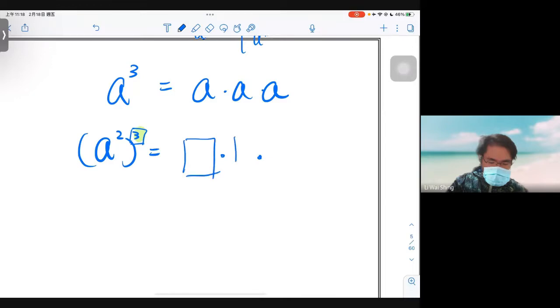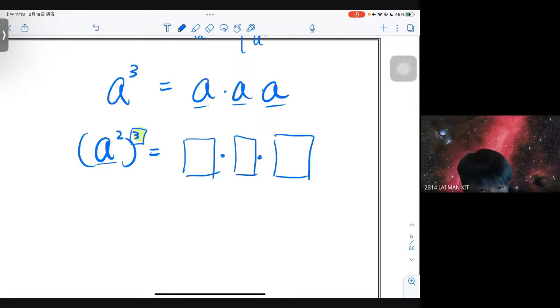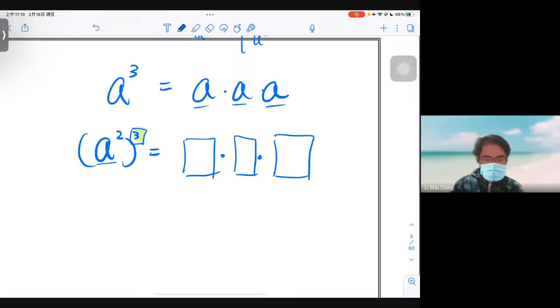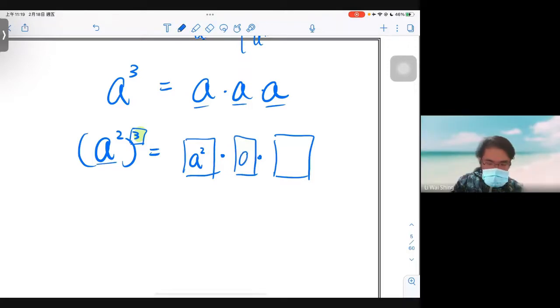If a cube equals a times a times a, then a square cubed equals what times what times what? Which three things multiply together? a square times a square times a square, and not a cube.